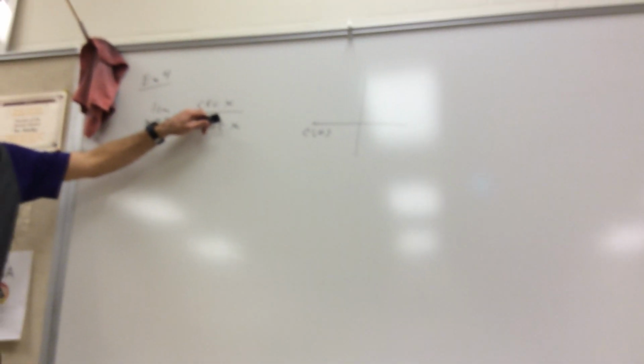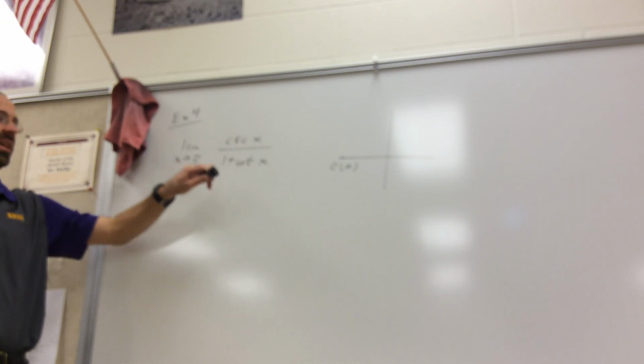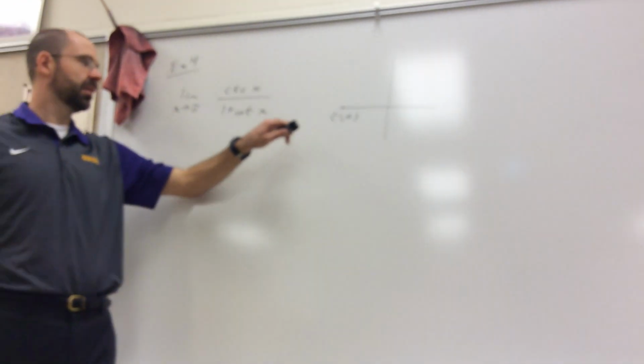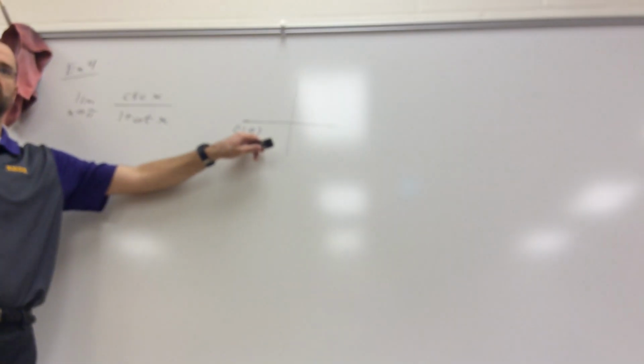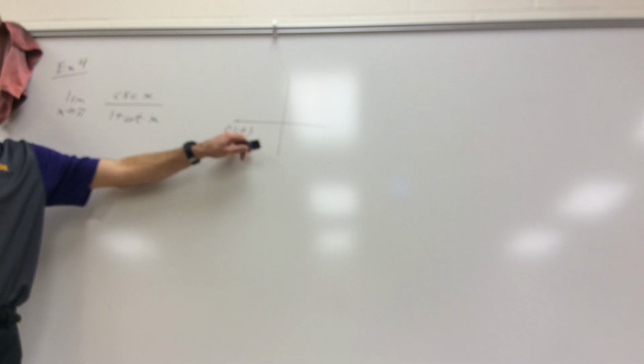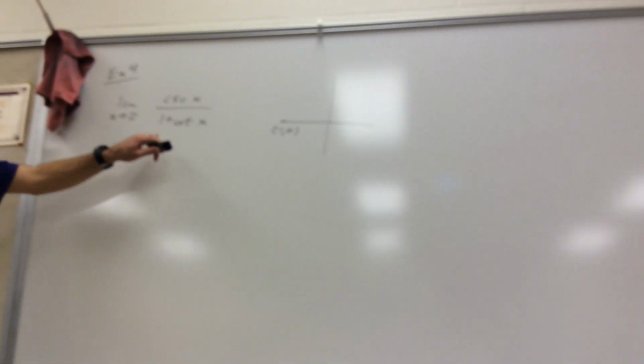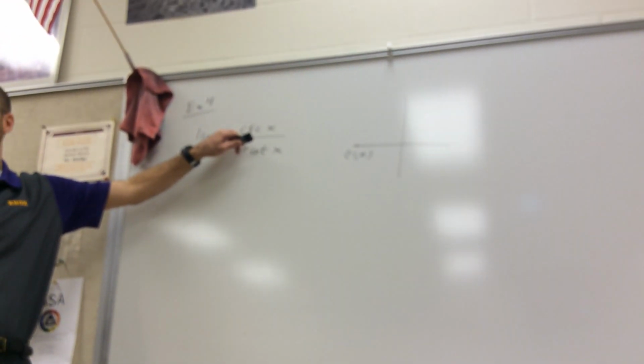Cosecant is the reciprocal of sine. 1 over sine is cosecant. If I take the sine of pi, that's 0. So cosecant is 1 divided by a number close to 0.